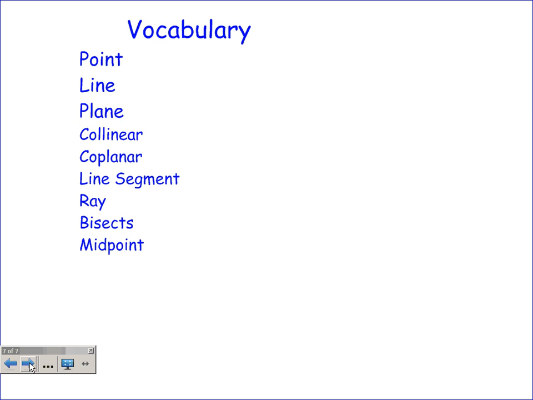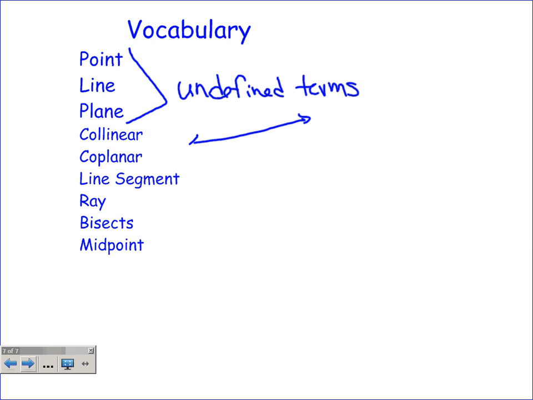One other thing I want you guys to practice is to look through the vocabulary that we talked about the very first day. Okay? Know what a point, line, and plane are. Be able to define those. Remember that those are the undefined terms. Collinear means you have some sort of line, and there's more than one point on the same line. Coplanar means there's more than one point on the same plane.